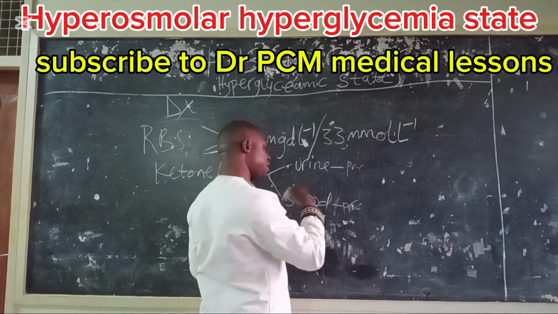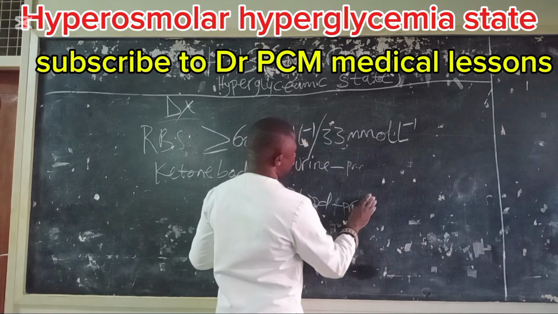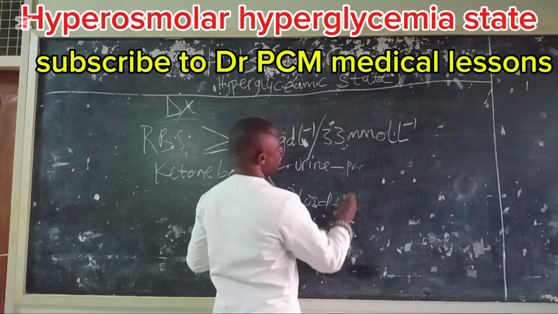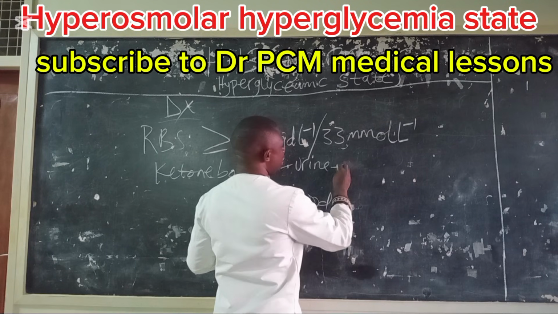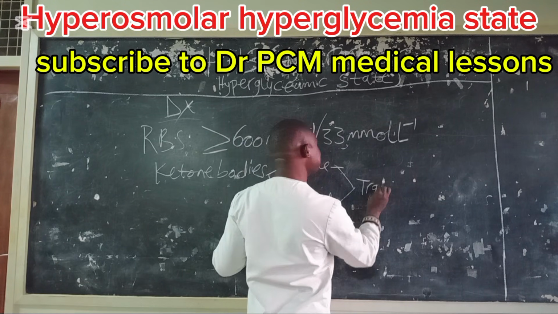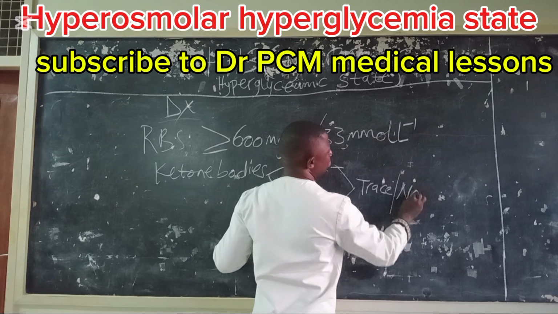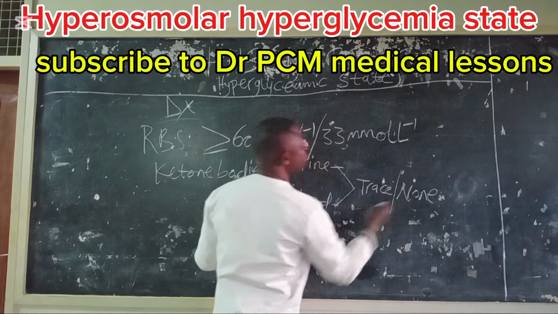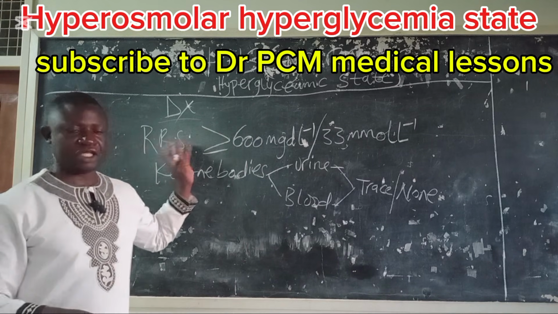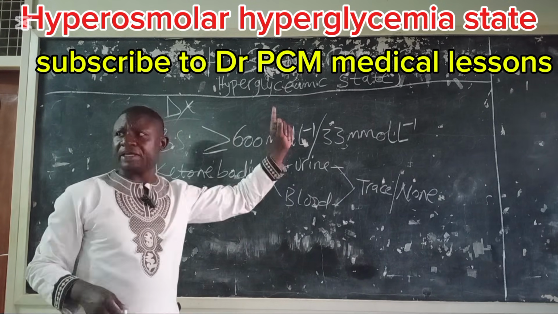Here, the results will not be present. It will be either trace or none. In most cases, there are no ketone bodies in this state. It is what differentiates it from DKA.